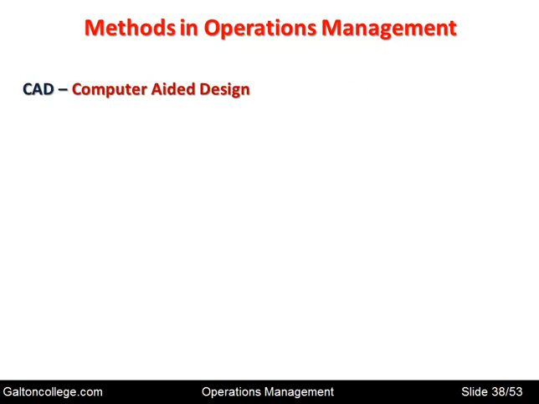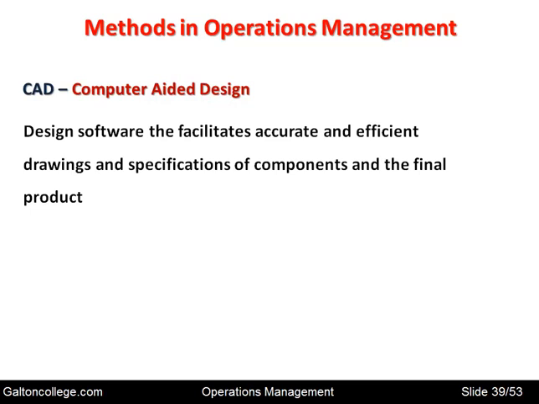Computer-aided design. Well, software and facilities that are electronic can be brought to bear on the development of efficient drawings and specifications of components and final products. In the past, draftsmen, using traditional tools, straight lines and curves, would draw out the products.